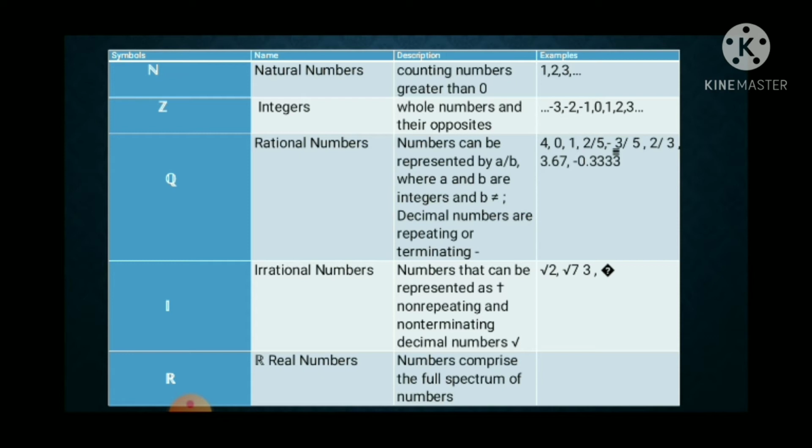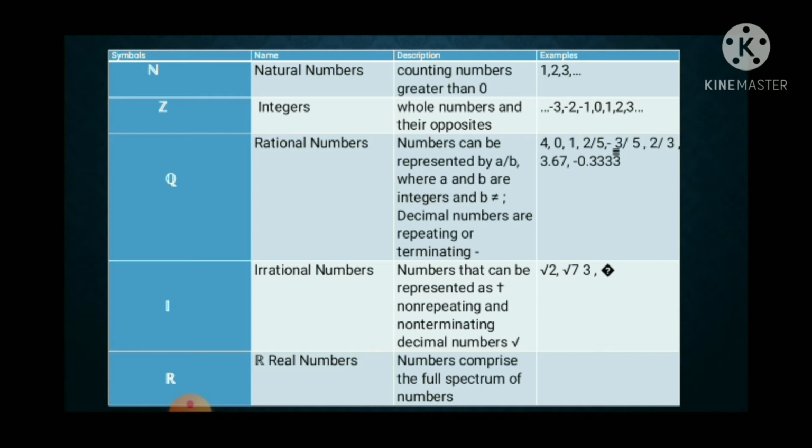Next symbol is I. It's called irrational numbers. Numbers that can be represented as non-repeating and non-terminating. Non-terminating means dili siya pabalik-balik na numbers, right? Example is square root of 2, square root of 7, 3. Yeah.